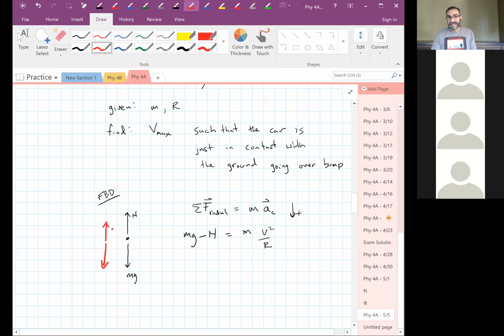Force of gravity stays the same. Now I drive a little bit faster over the hill. Well, the force of gravity didn't change, but what happens? The normal force has to get a little bit smaller to keep enough force difference in the radial direction to keep me moving in a circular path. So the normal force gets a little bit smaller.